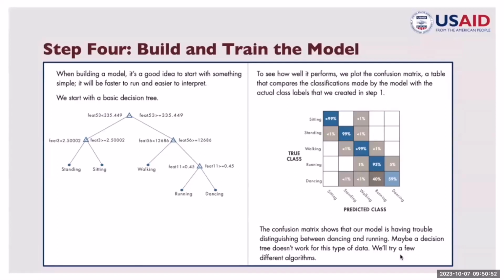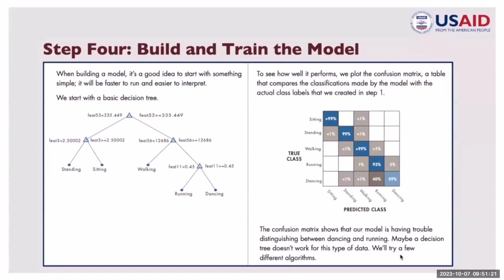Now, to see how well it performs, we normally use a confusion matrix. A confusion matrix is the representation of all true classes and predicted classes, meaning how many of the samples were correctly classified and how many of the samples were incorrectly classified.